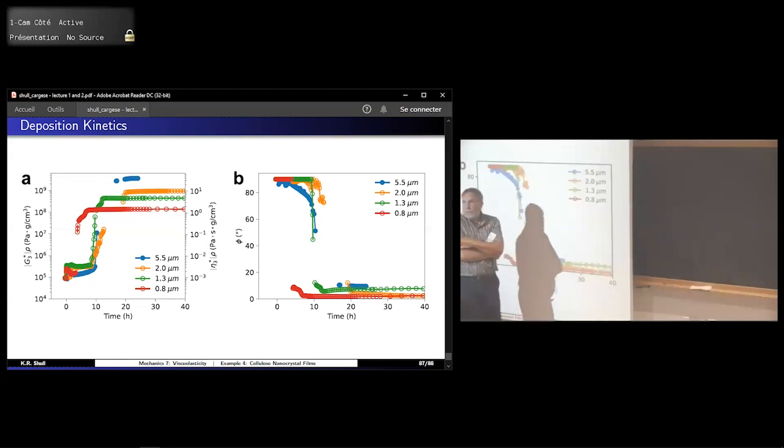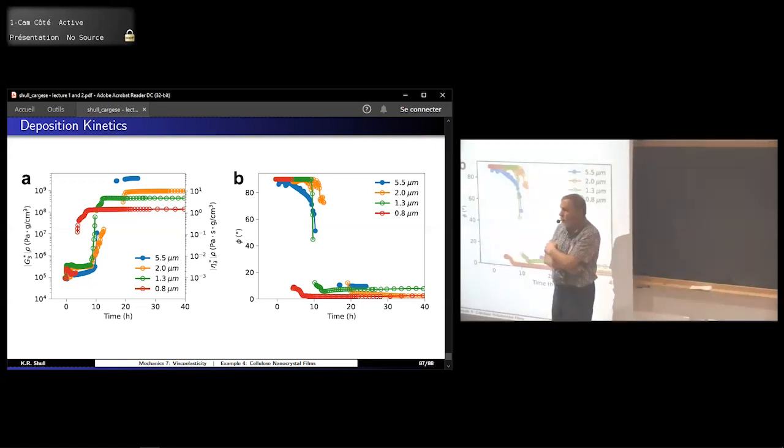In your last example, you said you reached a cholesteric phase, is that correct? Yes. So I assume that you go from isotropic to maybe nematic and then parallel nematic?